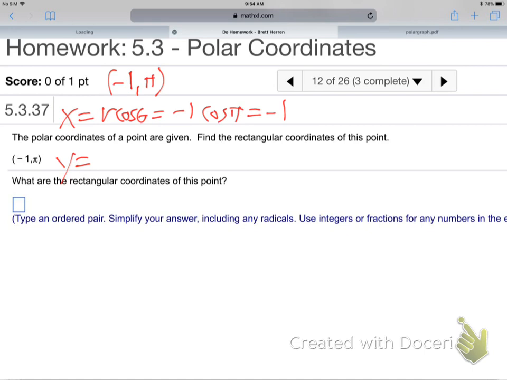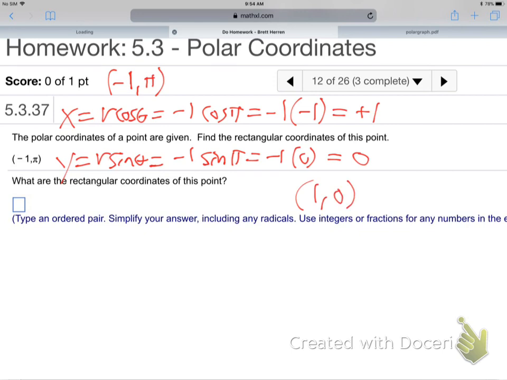And the cosine of pi is -1, huh? So this is positive 1? Is that good? I think that's right. Oop, r sine theta. So r sine theta is -1 sine pi. That'll be -1 times 0, which is 0. So the answer is 1, 0. Positive 1, 0. Is that good?